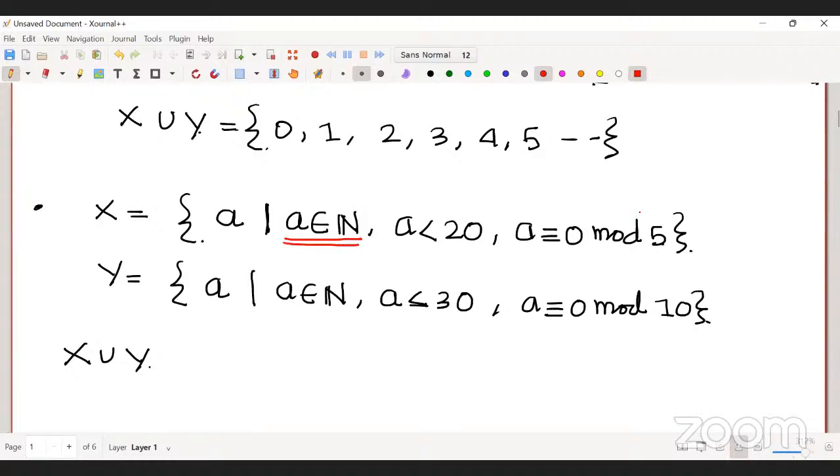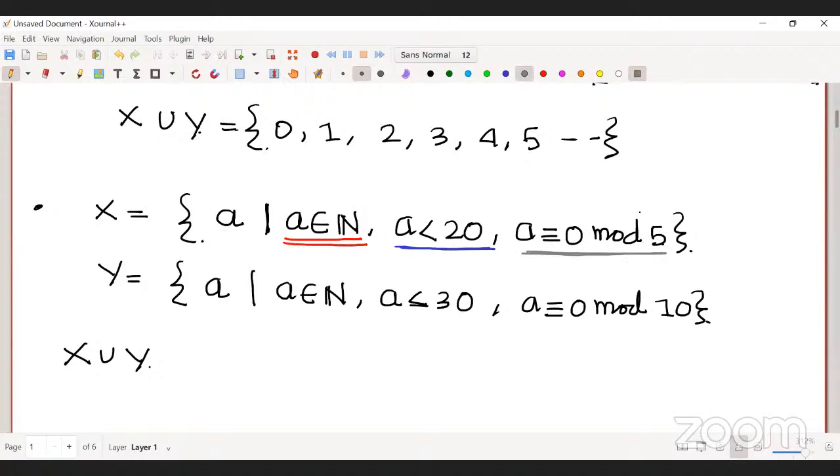The second condition is it has to be a number which is less than 20. And the third condition is it has to be divisible by 5.